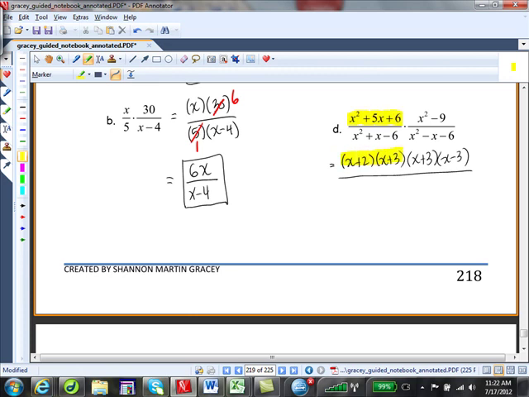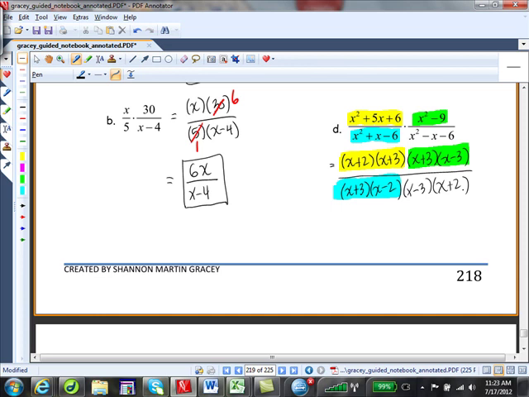This guy factors as this, and this guy factors as this. And then the first denominator will factor as x plus 3 times x minus 2. And then the second denominator will factor as x minus 3 times x plus 2.